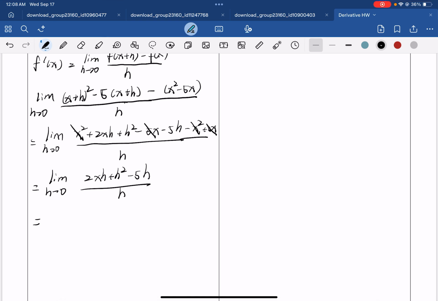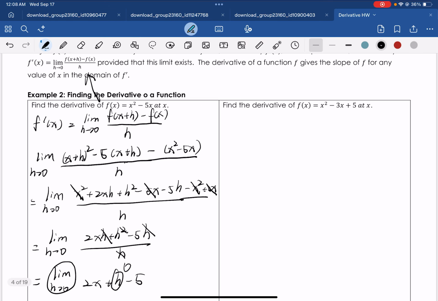Then we can cancel the h out, which leaves the limit as h approaches 0 of 2x plus h minus 5. As h approaches 0, h is 0. So we are left with 2x minus 5.